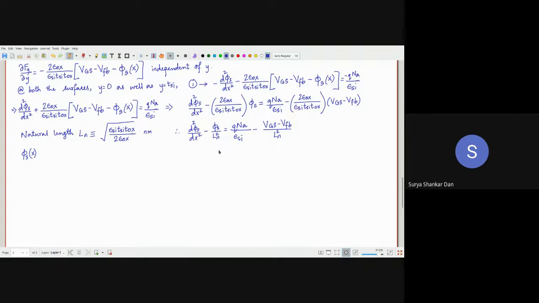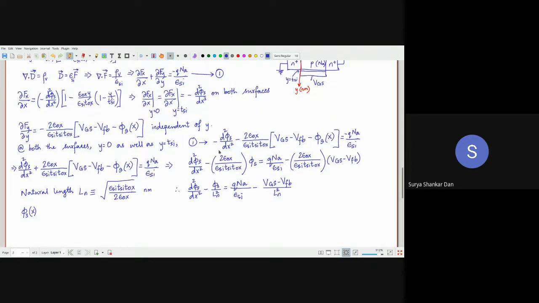So with this technique, what we have realized is that the 2D Poisson equation, where we had both x and y variation, the simplest approximation would be if we take a long channel device, simply remove that. But it's not possible for us to do that in case of ultra short channel devices.